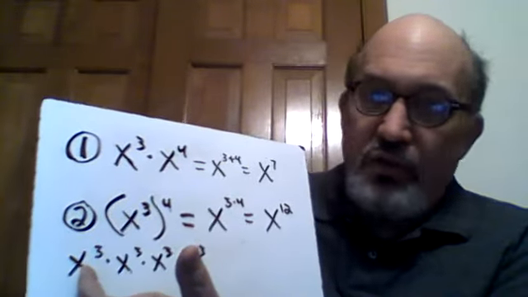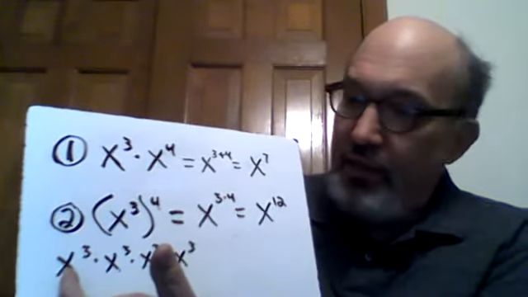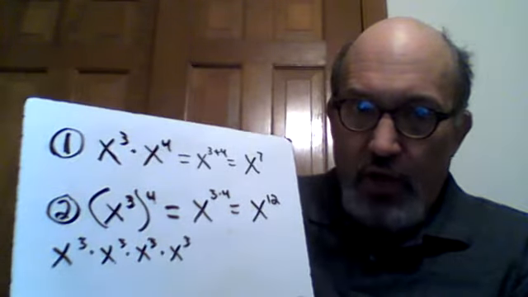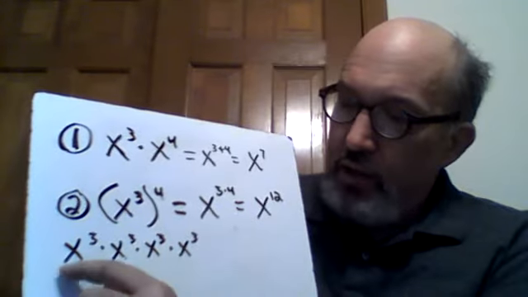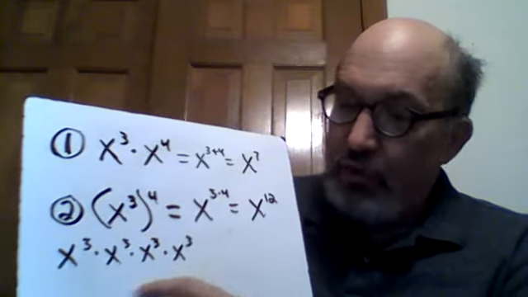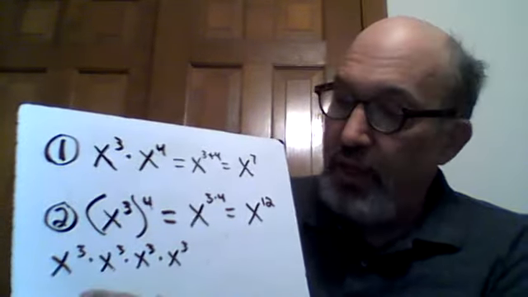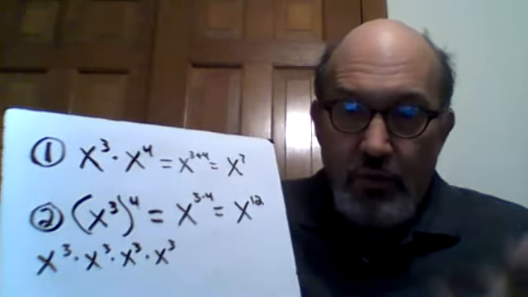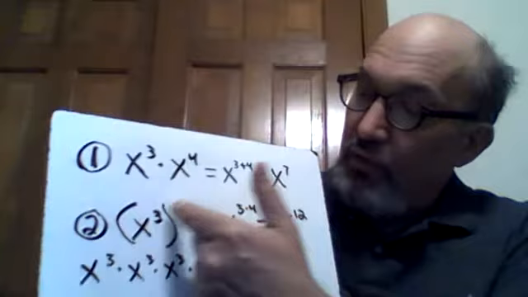What does this mean, x to the third? It's 3 x's multiplied together, and then another 3, another 3, and another 3. Make sure you realize, before you go on, that what this is representing here is a total of 12 x's being multiplied together. 3, 6, 9, 12. I'm not going to write them all out. You can picture it. So that brings us to the result we got through the shortcut of multiplying 3 times 4.